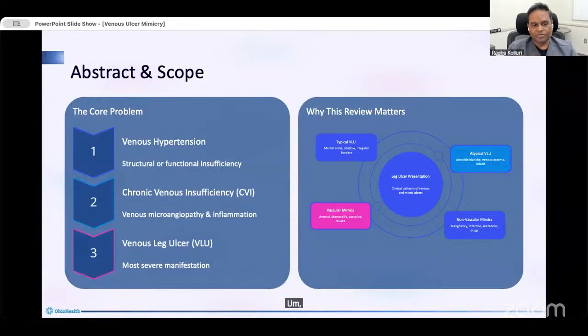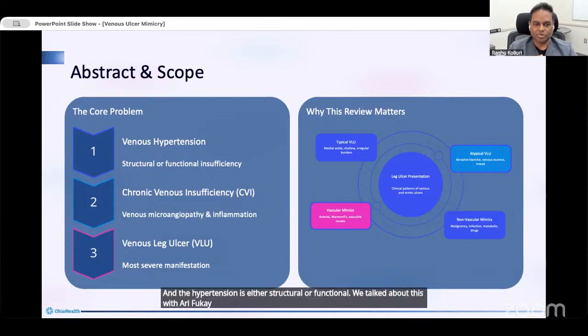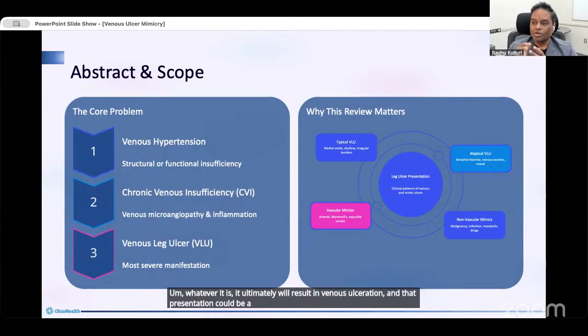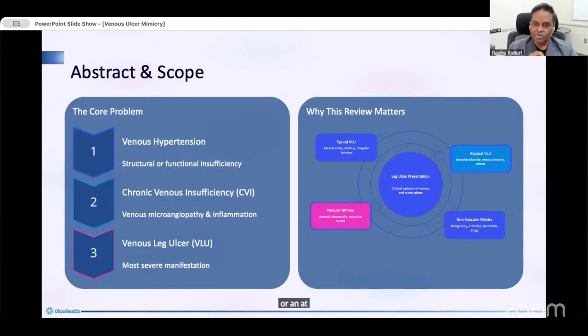We all know that venous ulcers are formed because of venous hypertension, the microangiopathy, and the inflammation, and the hypertension is either structural or functional. We talked about this with Ari Fukaya in our paper. Whatever it is, it ultimately will result in venous ulceration, and that presentation could be a typical VLU or an atypical VLU, but then there could be mimics that are either vascular or non-vascular.